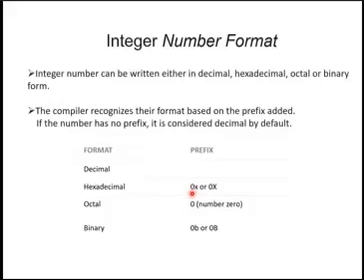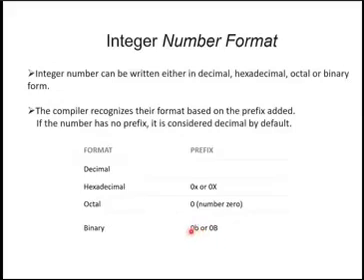Many of you, during programming, make this small mistake. You don't know where, and then when you want to compile the program, it will give an error. So make sure that this one is 0, the number.